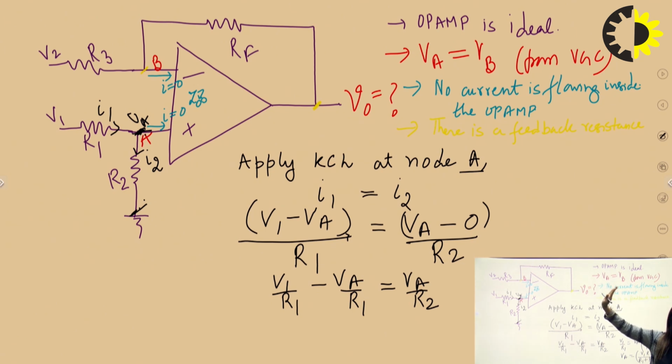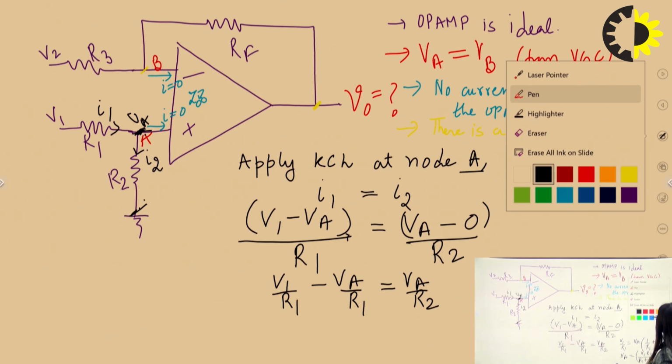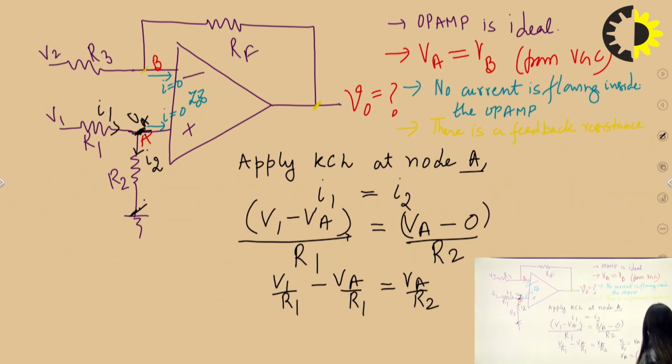So now I will apply one more Kirchhoff current law, at node B this time. We will assume some other current directions.